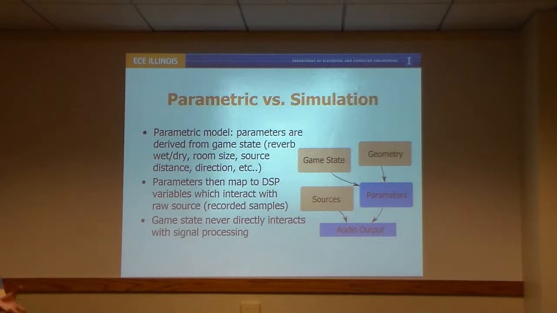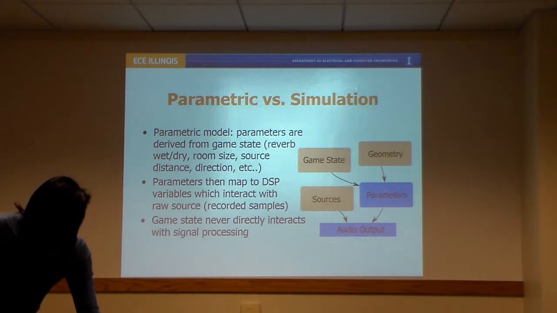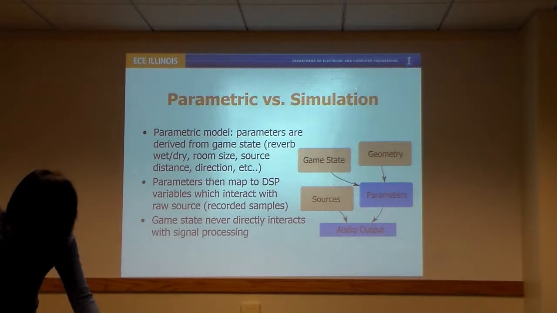Usually it's done by software these days because computers are pretty fast for a couple of audio streams. It's going to do, for example, the low-pass filtering in the situation I just talked about, or the emulated reverberation, and so on and so forth. So a key here is that the game state really doesn't directly interact with the signal processing ever, right? It's always deriving parameters, which are then fed into the signal processing side, okay? And so that's our traditional parametric model for game audio.